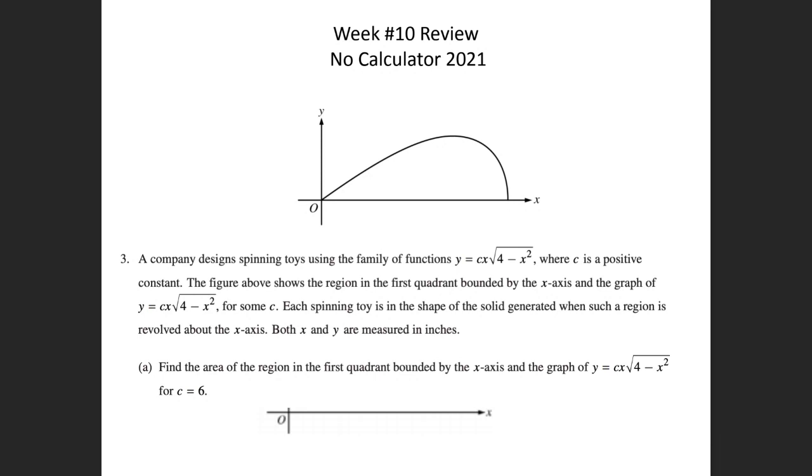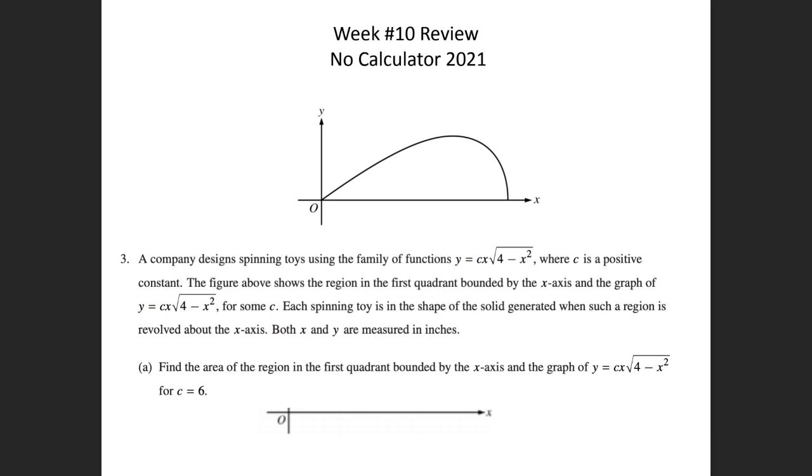Each spinning toy is in the shape of a solid generated when such a region is revolved about the x-axis. Both x and y are measured in inches. Today we're going to start talking about revolving this. Next week we'll have the same problem and we'll do part B. But right now, part A says find the area of the region.